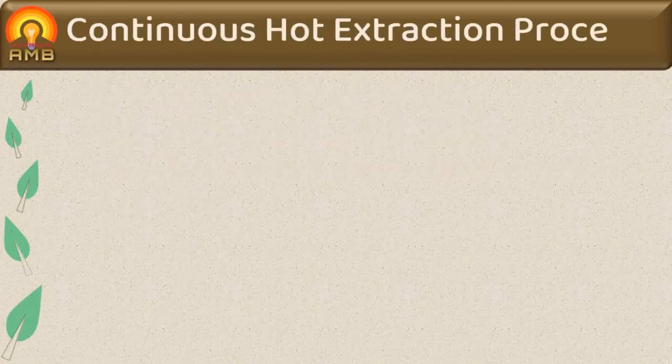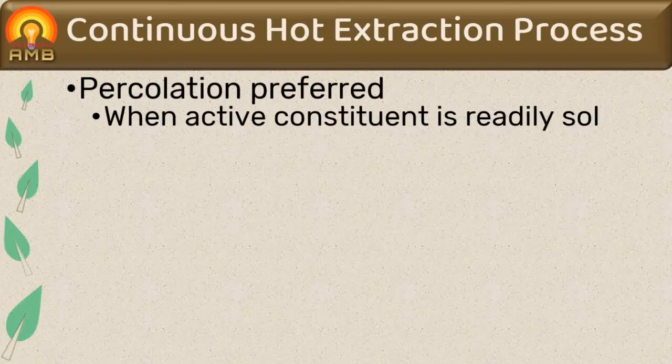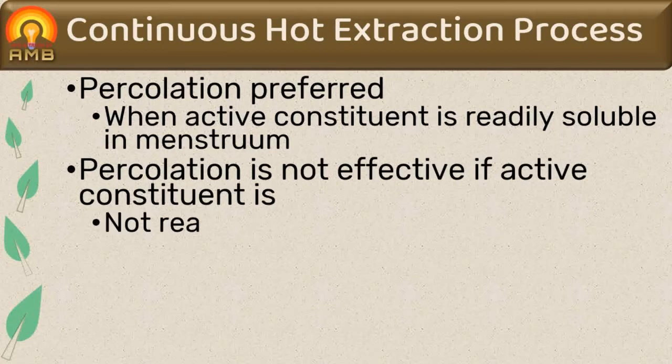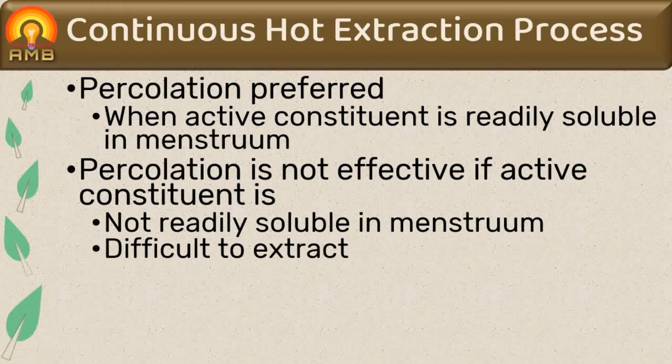Percolation process is preferred over maceration when the active constituent is readily soluble in menstruum. But if the active constituent is not readily soluble or freely soluble, or is difficult to extract from the cell structure of the crude drug, the percolation process does not become effective.